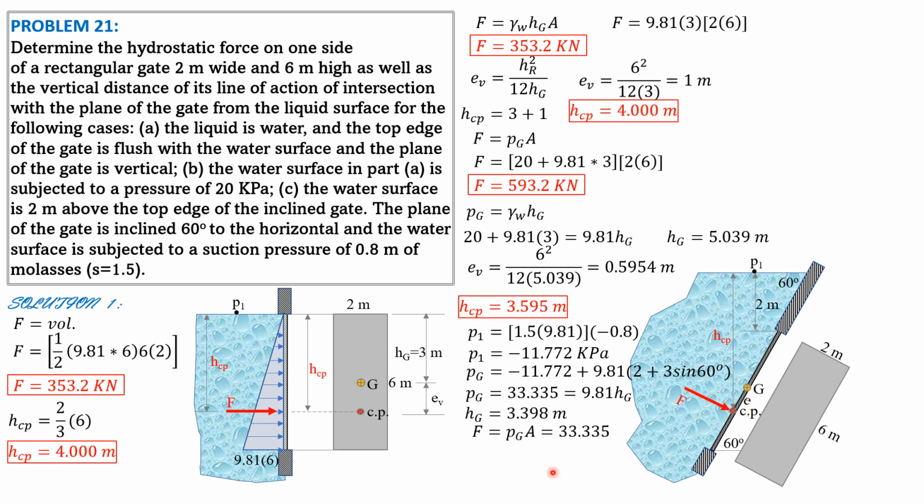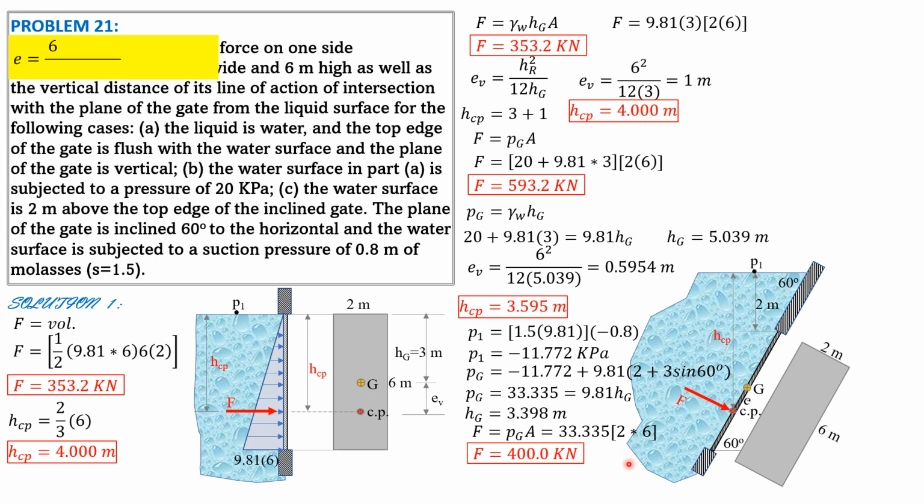So F is Pg times area, 33.335 pressure at centroid, then area 2 by 6, so F is 400.0 kilonewtons. Then E is equal to height of rectangle squared sine of 60 over 12 times Hg, where Hg is 3.398. So E is 0.7646 meters.